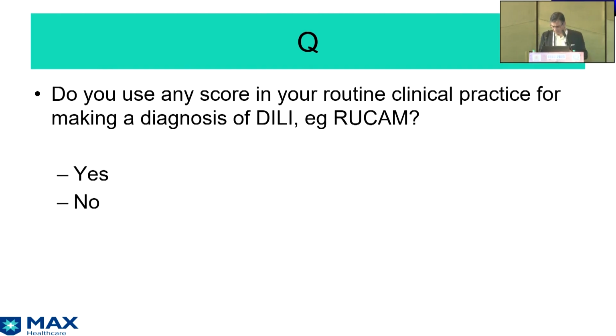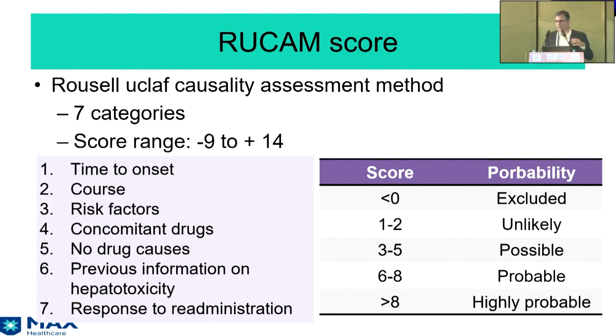So, and I agree with you, it is a difficult job. Although once you read it, you find that it is a very easy thing to use, but once you start using it, you realize there are so many variables in this. These 7 variables, I am not talking about the variables themselves. How you score these 7 variables will take a lot of your time in the clinic, and then you are able to make a diagnosis of exclusion, unlikely, possible, probable, or highly probable DILI.